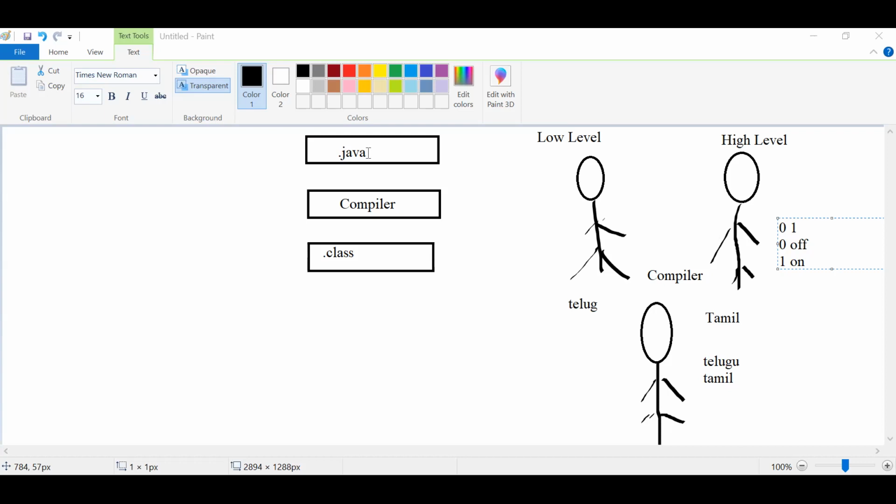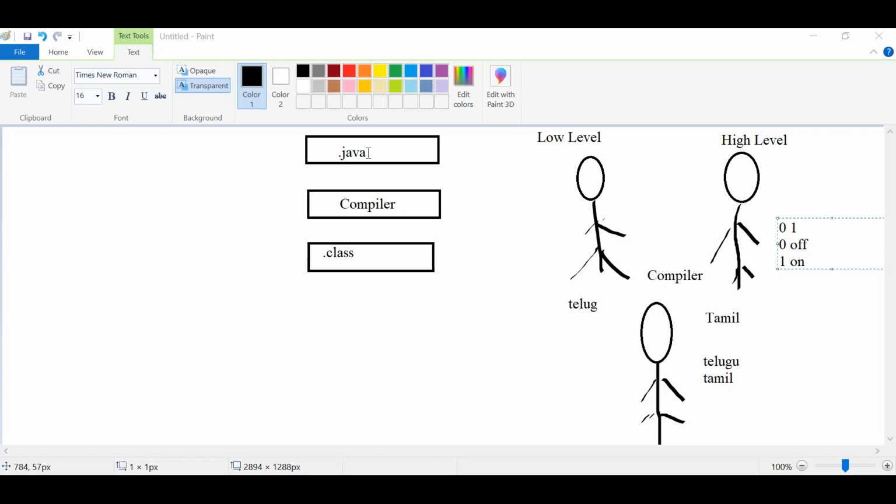Compared to Java, C programming has faster execution, and C++ also has fast execution. But in C and C++ programming, whenever the human-understandable language is converted, it becomes zeros and ones only.